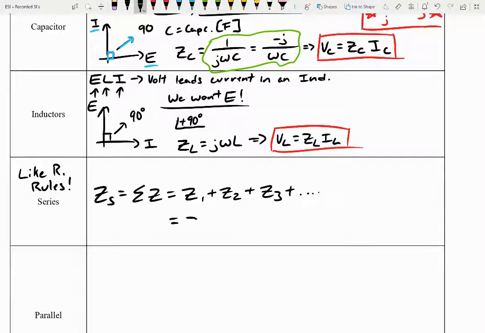But we can also write it like this. This is just another way of representing it. ZR plus ZC plus ZL. And all we're doing is just taking whatever combination of resistors, capacitors, and inductors and converting them into impedances, and we can combine them like they're resistors.